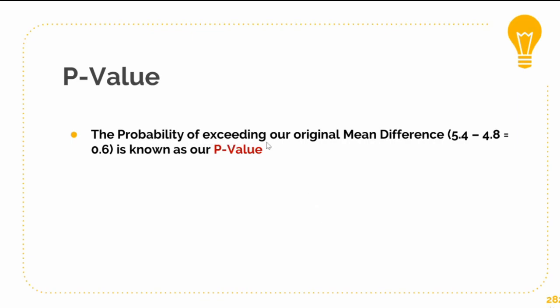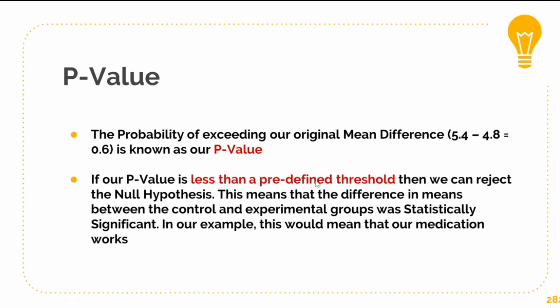The probability of exceeding our original mean difference, 0.6, is known as our p-value. So quite simply, our p-value is the probability that this 0.6 occurred given our results. So if our p-value is less than our predefined threshold, then we can reject the null hypothesis. This means that a difference in means between the control group and experimental group was statistically significant.